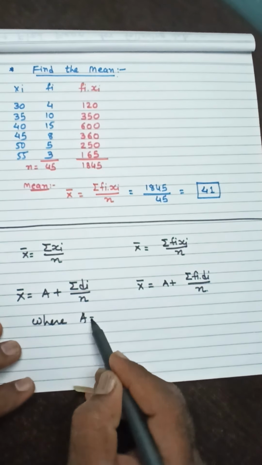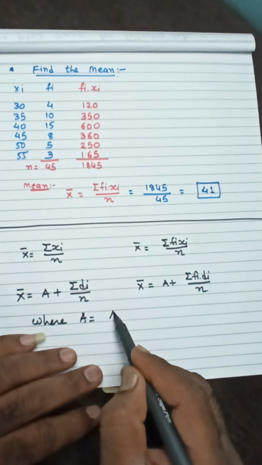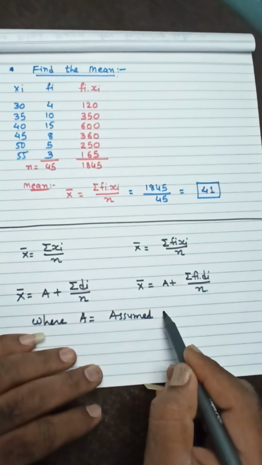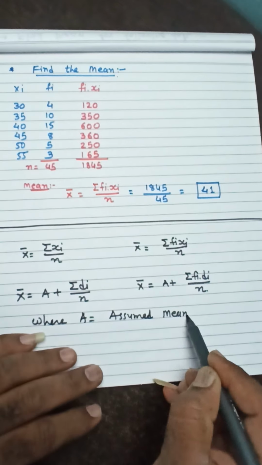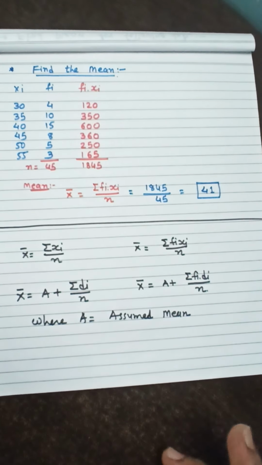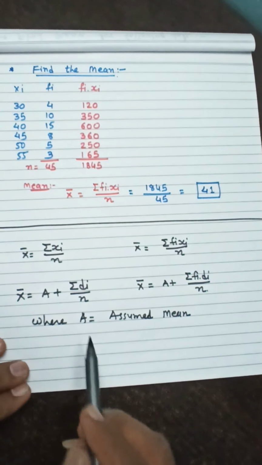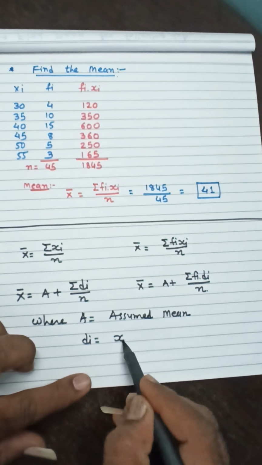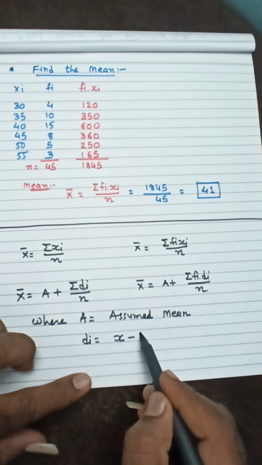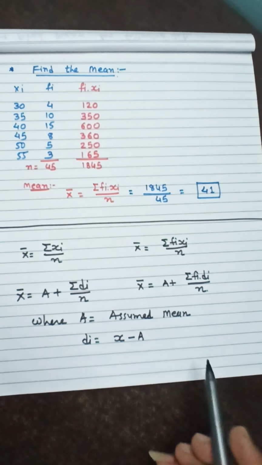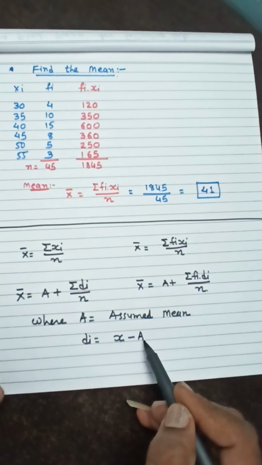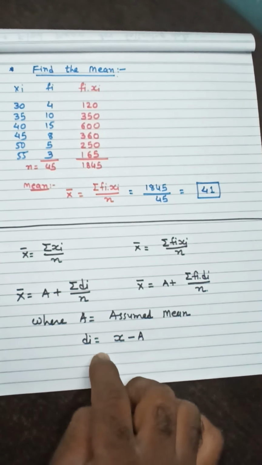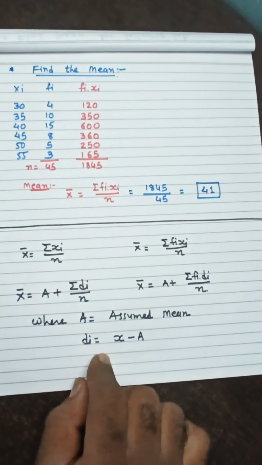Where a is equal to the assumed mean. And how can we find di? To find di, we have to deduct the assumed mean from the variable. That means from x we will deduct a and we will get the value of di. di is the difference.